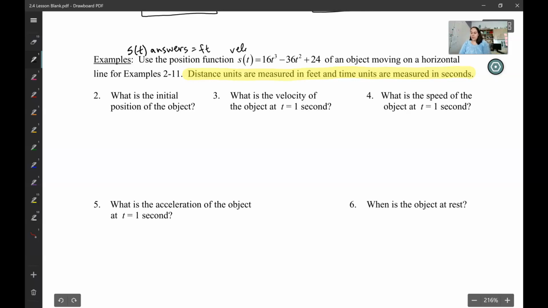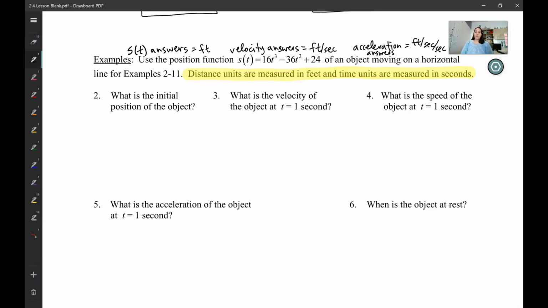Any velocity answers will be in feet per second. You can kind of think of velocity like speed, so feet per second. And any acceleration answers will be in feet per second squared. So those are your units for any answers that we have down here.